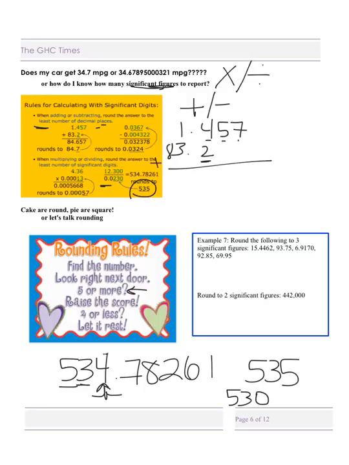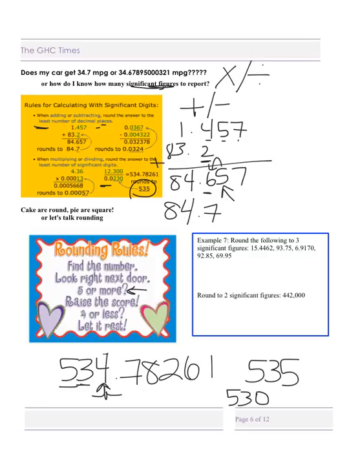So if we are adding this up, in our calculator we would get 84.657, but we only want to report to the fewest number of decimal places. That's this one. So we are going to look right next door. It's a 5. 5 or more, raise the score. So my final answer should be 84.7.